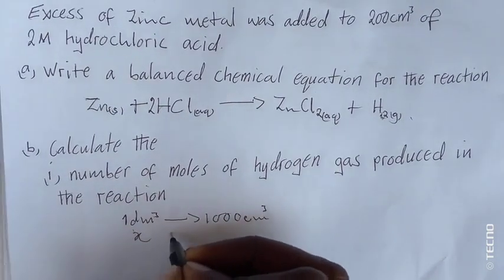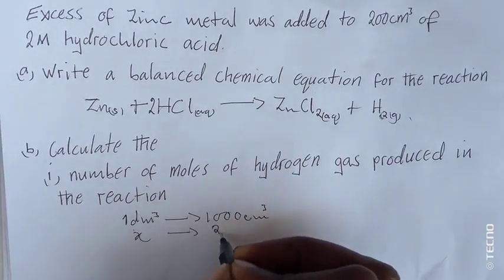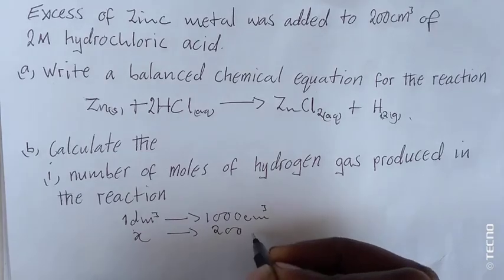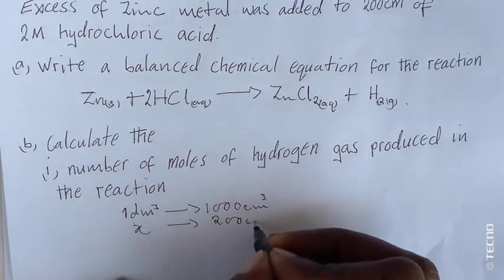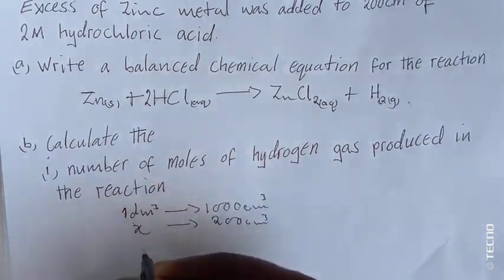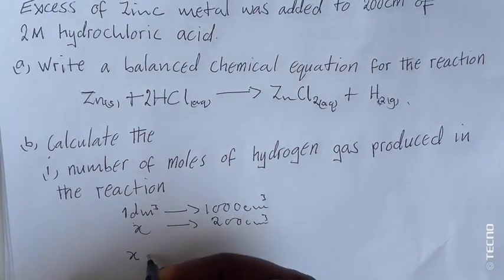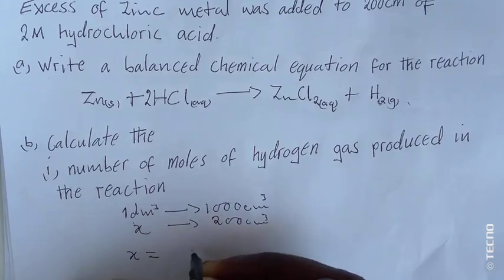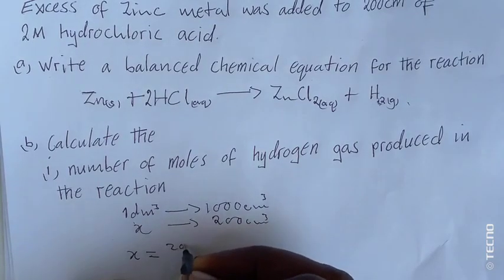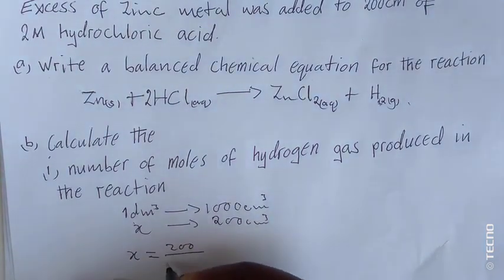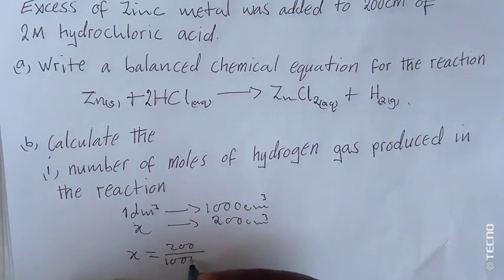Then x, so what we have here is 200 cm³. So x is equal to 200 over 1000.